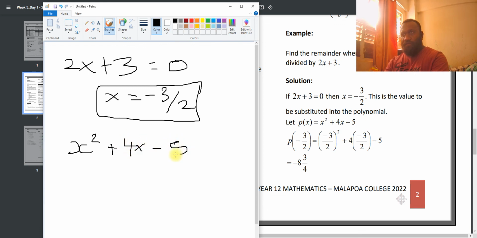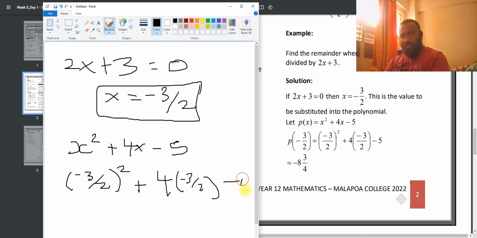So wherever x is, you replace it with negative 3 on 2. Since x here is raised to the power of 2, negative 3 on 2 will be raised to the power of 2, plus 4 multiplied by negative 3 on 2, and then minus 5. Okay, so this is what you have here.